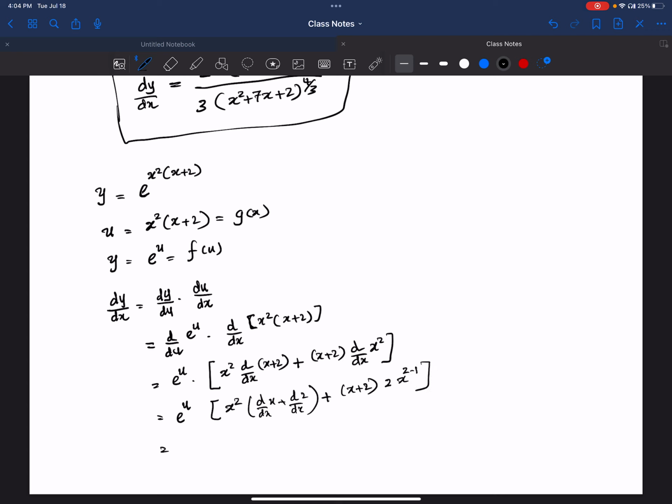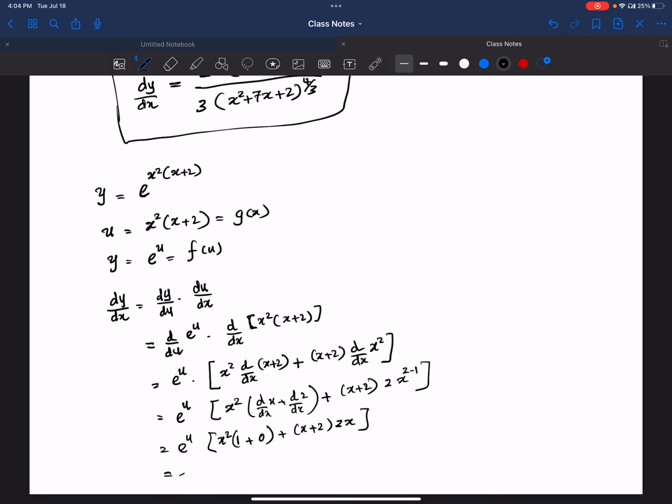Okay, so you have e to the power u. This is x squared. This is d over dx x, which is equal to 1, plus 0, plus (x plus 2) times 2 times x.